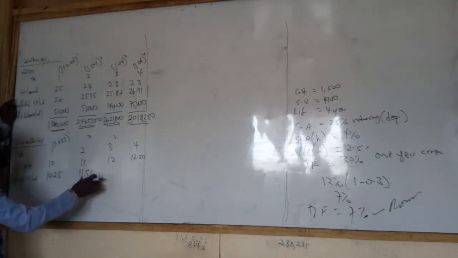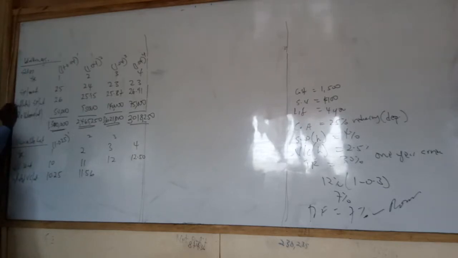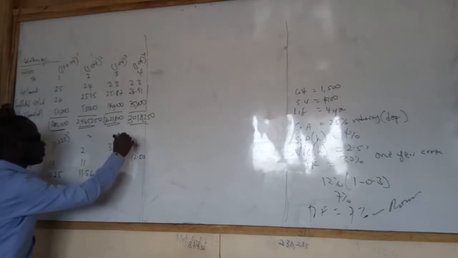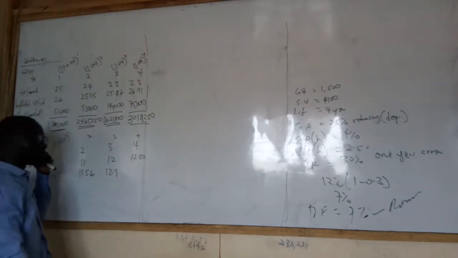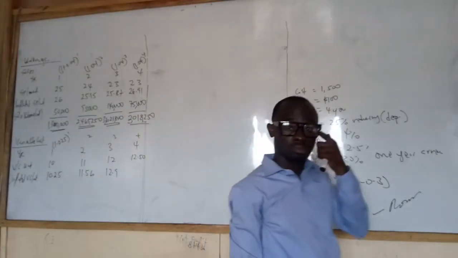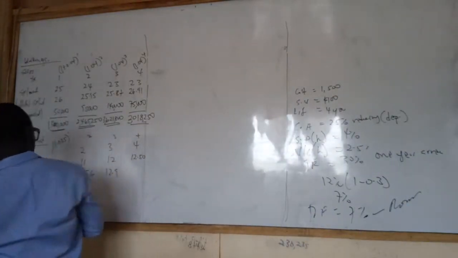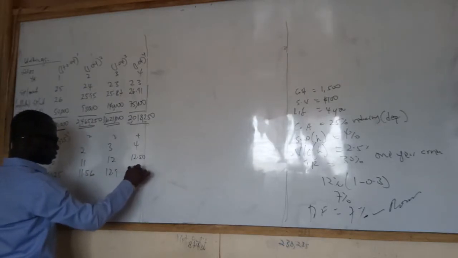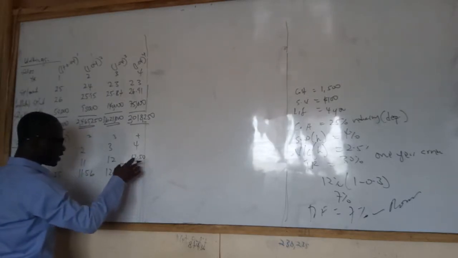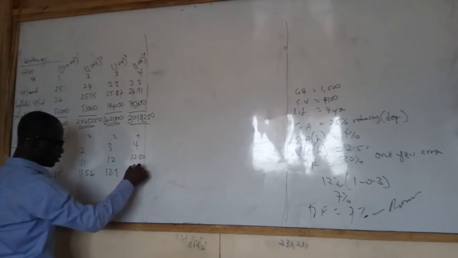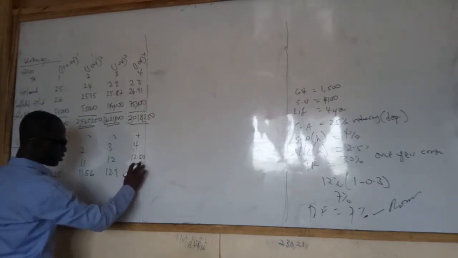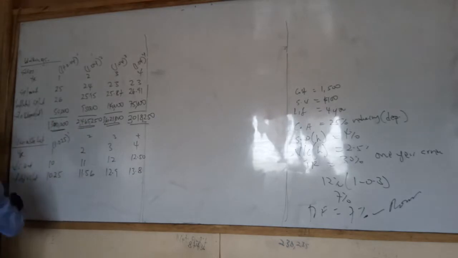Exponent 3 by 12 is 12.3. Exponent 4 by 12.5 is 13.8.